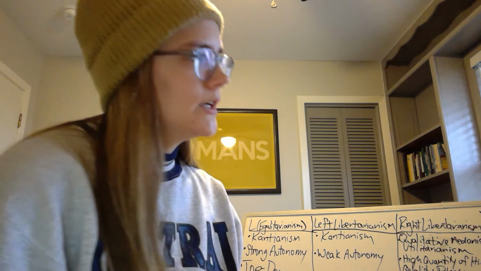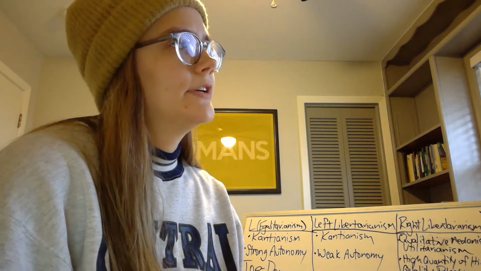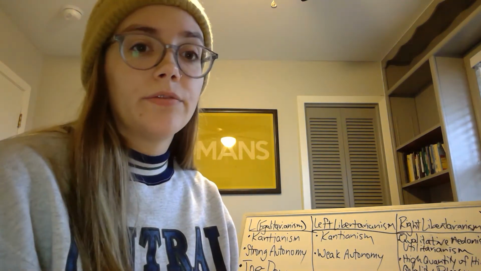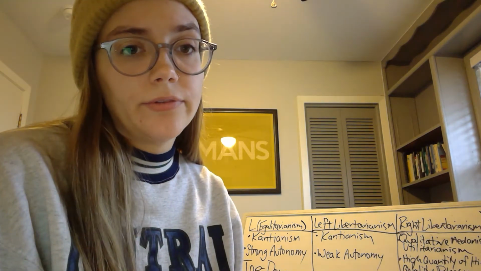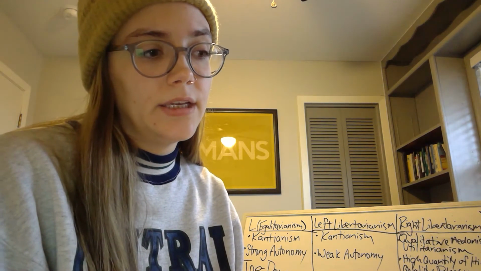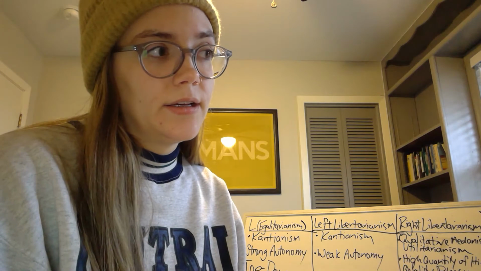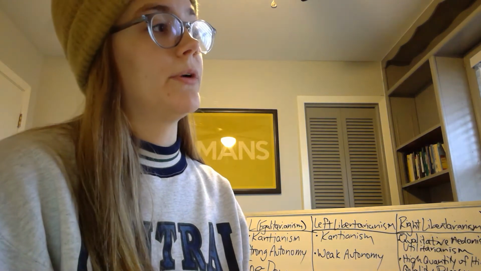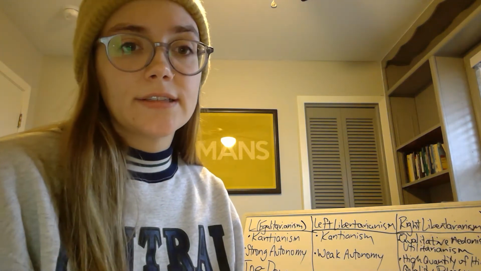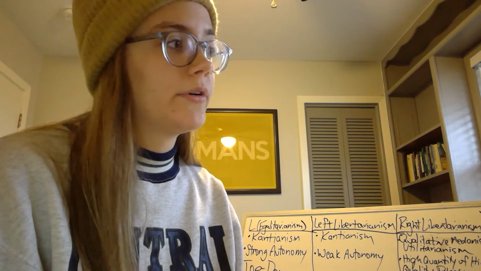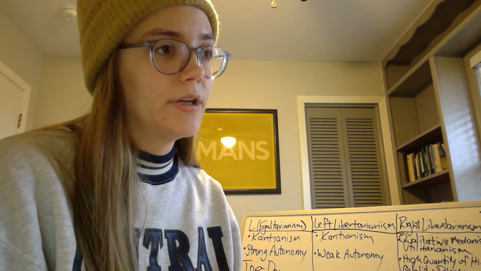So maybe that's why. But here, a classic conservative would be Thomas Sowell, if you've ever heard of him. He encompasses conservatism pretty well. Judge Antonin Scalia is also a good example of a classic conservative.